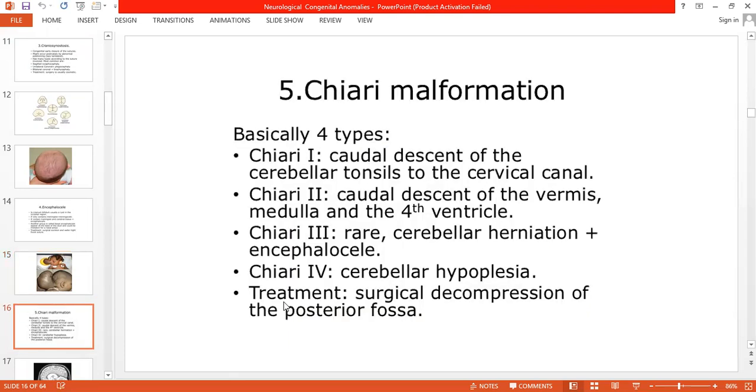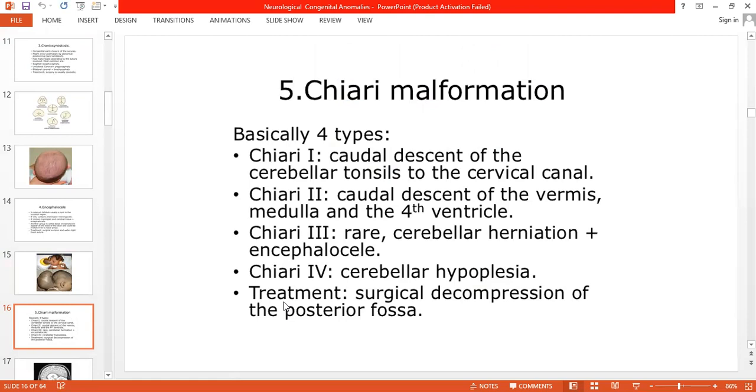Chiari malformation. Basically, there are four types: Chiari 1, 2, 3, 4. Chiari 1 is caudal descent of the cerebellar tonsils into the cervical canal. Chiari 2 is caudal descent of the vermis of the cerebellum, medulla and the fourth ventricle. I mean, type 2 has more neural structures, like vermis, medulla, and ventricle.